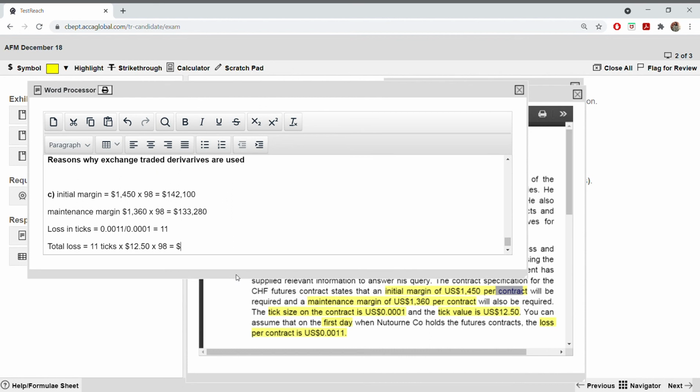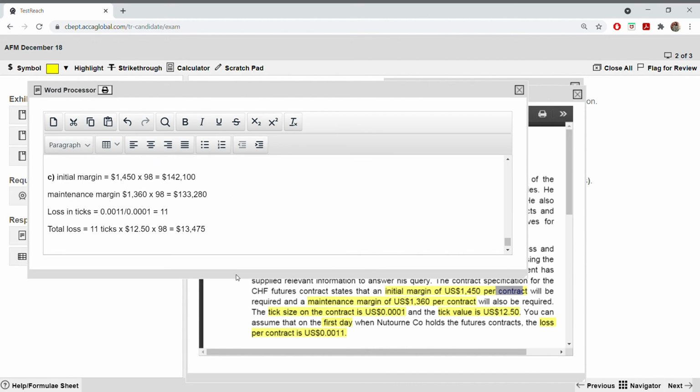You have to write initial margin in dollars, maintenance margin in dollars, total loss in dollars, but not the loss in ticks. So $13,475. Now what is the balance on the margin account? But all this calculation comes after you have explained.